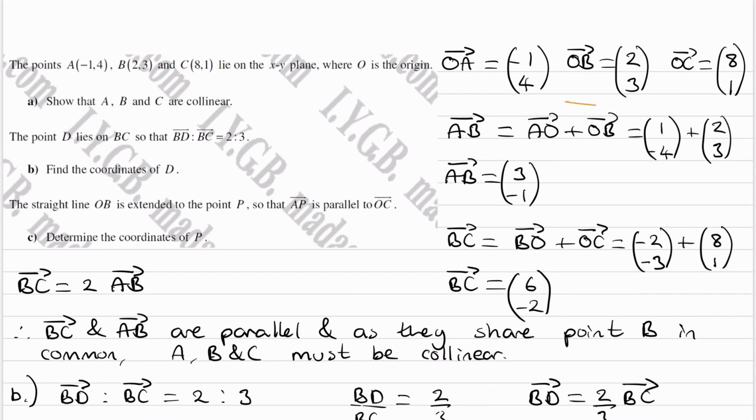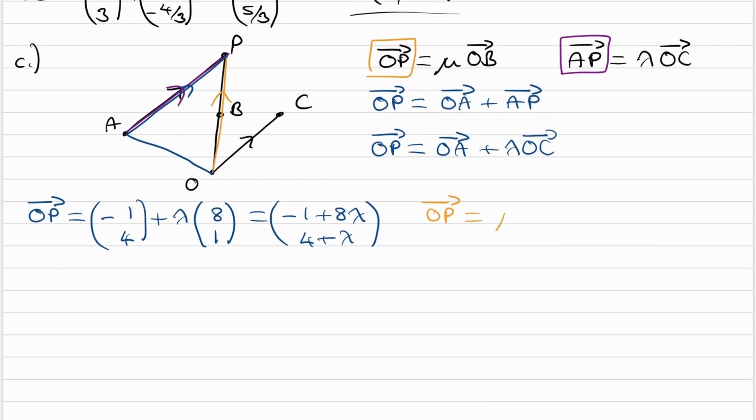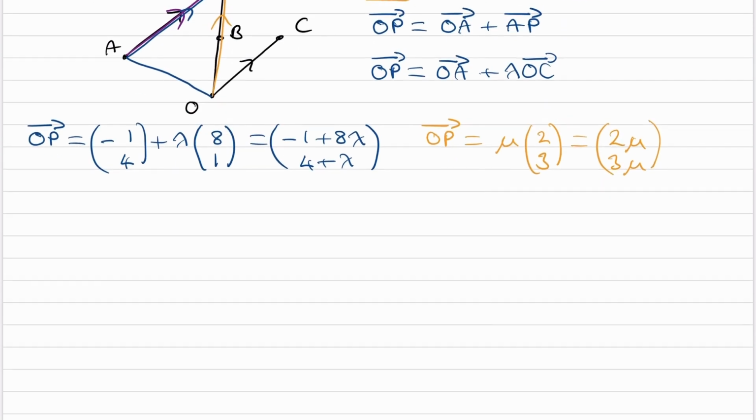OB was 2, 3. So then this will be mu times 2, 3, or 2 mu, 3 mu. And these two will be equal to one another. They're both taking us from O to P, so we can equate them. So we get minus 1 plus 8 lambda, so this is the blue path, is equal to the orange path, 2 mu, 3 mu.